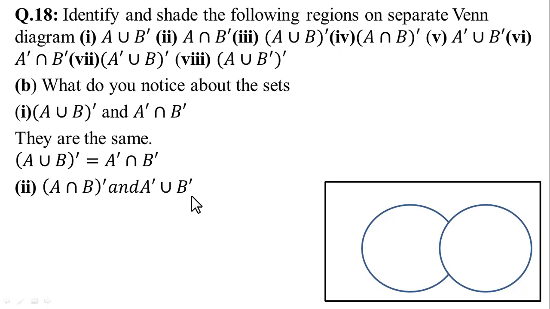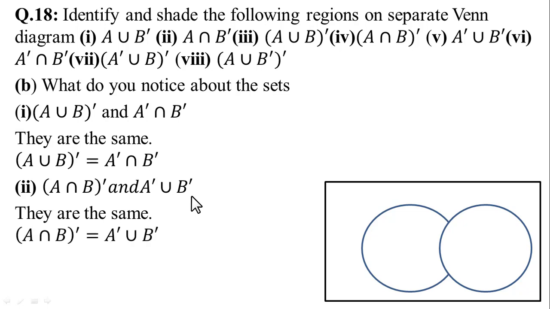So the answer is they are also same. Why? According to the De Morgan second law, A intersection B whole prime is equal to A prime union B prime. So according to De Morgan's law and general set law, A intersection B whole prime is equal to A prime union B prime.